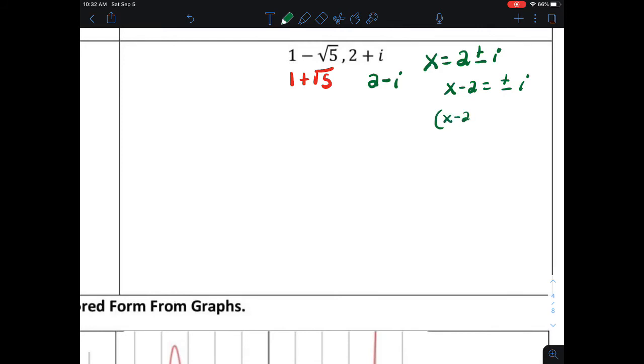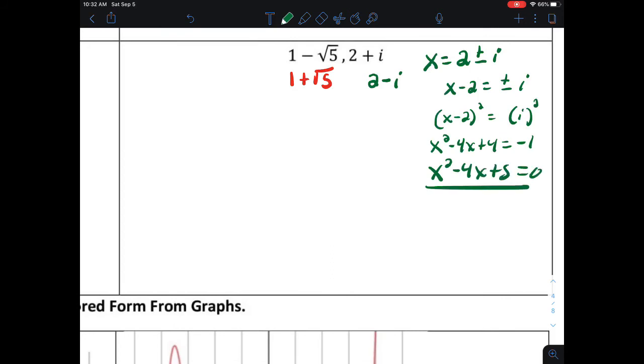If I squared everything, that's going to give me x squared minus 4x plus 4 is equal to negative 1. And then set it equal to 0. So x squared minus 4x plus 5 is the factor that created the zeros 2 plus or minus i.